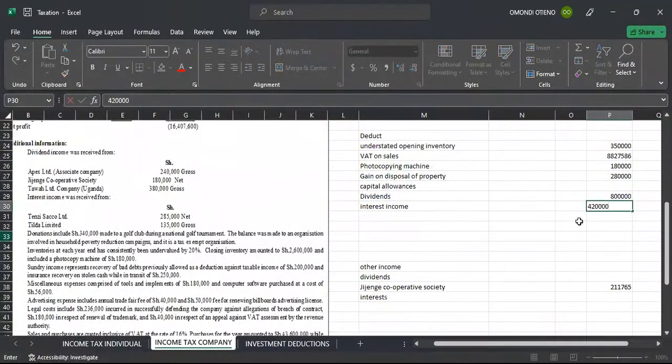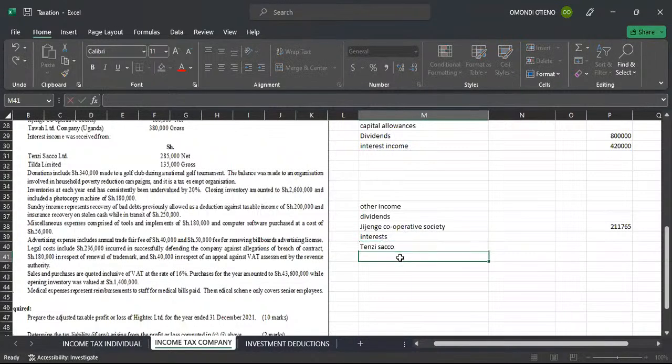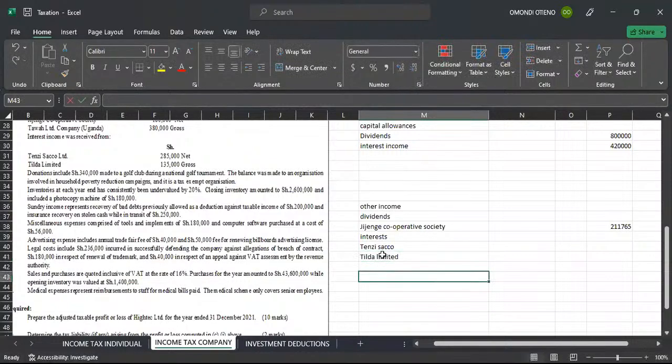Inside this 420,000, which we've subtracted, we now need to add back what was received from Tenzi Sacco and also Tilda Limited. Whatever was received from Tenzi Sacco here is net. So we adjust the missing 15%.